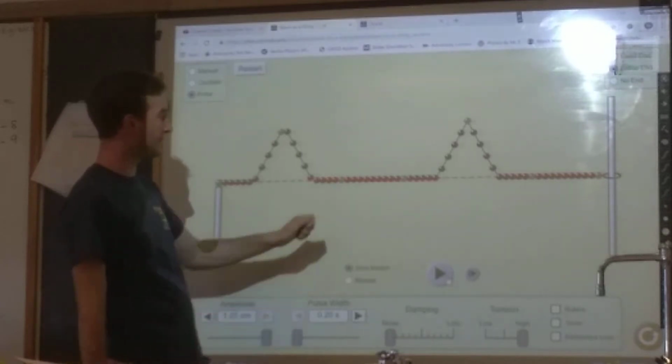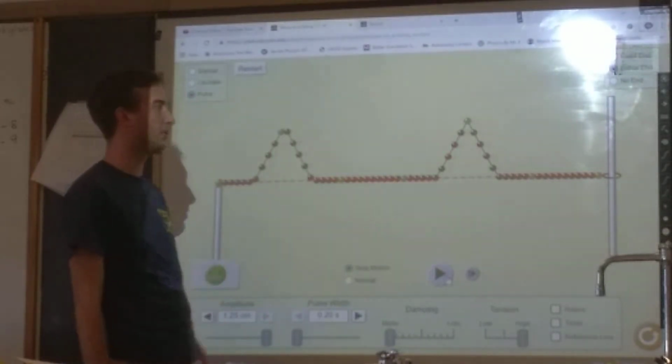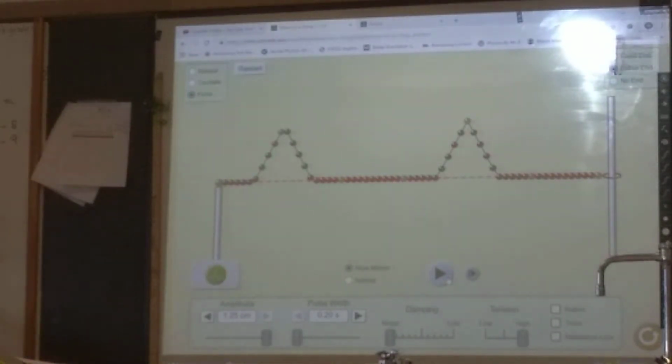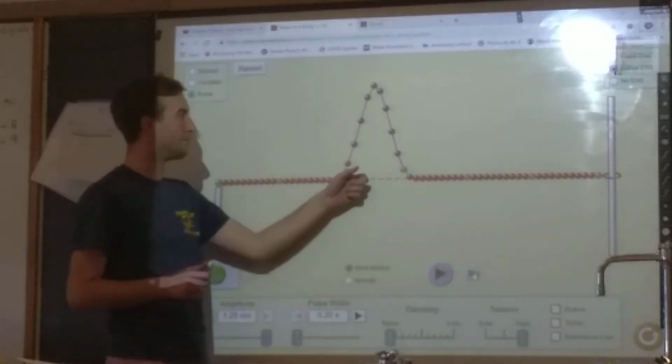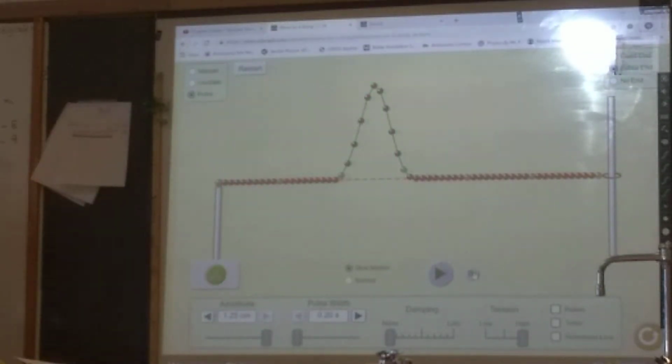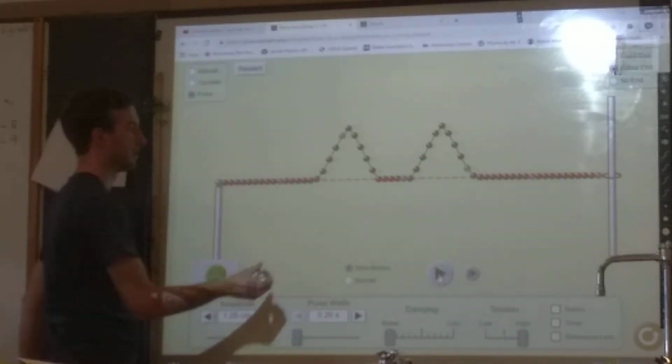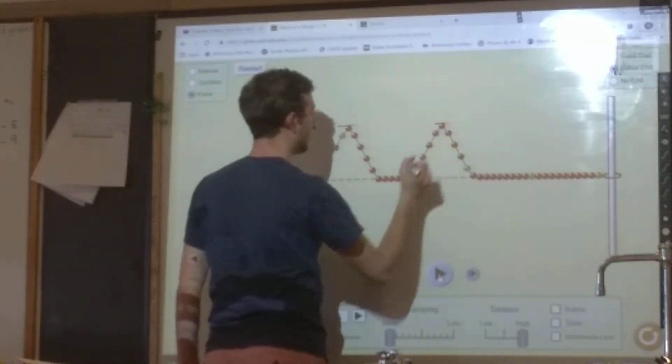However, what do you think is going to happen when they get to the middle, when they overlap? If you're thinking that they should become much bigger than they are normally, you would be right, okay? These two waves combine to be, let me restart this. So, there's the height of this wave, there's the height of this wave.